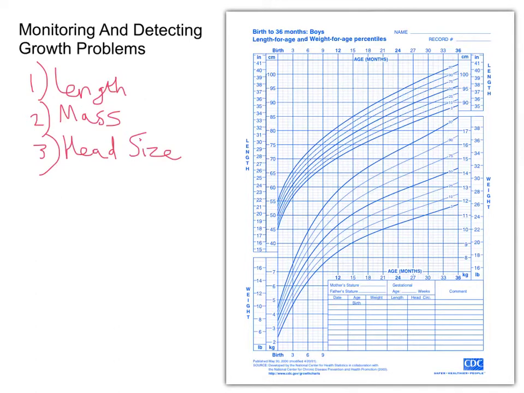This is for boys. So I'll just go through some of the bits. We've got length down the side here, and we've got weight on this particular scale. So there's two scales, one for length and one for the weight, and then we've got age going across in that direction there.